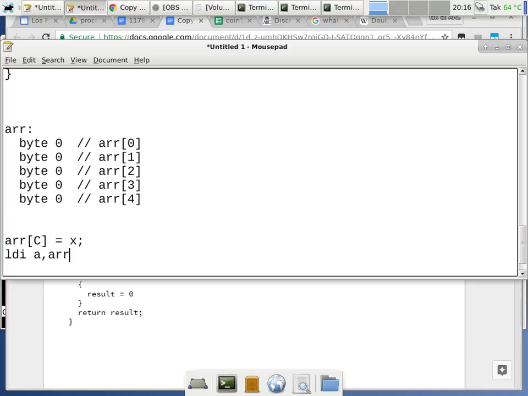So that means after the LDI instruction, register A points to the first byte of the array. But we don't want the first byte. We want to get to the byte that is indexed by register C. So how do we get to the address of that byte? The byte that is indexed by register C.